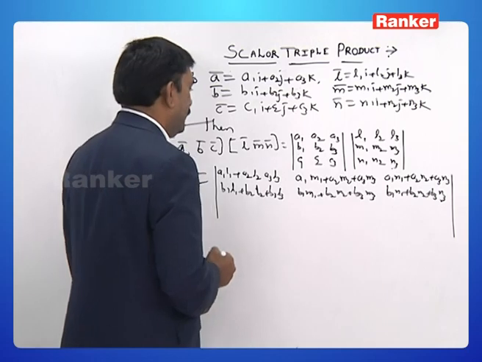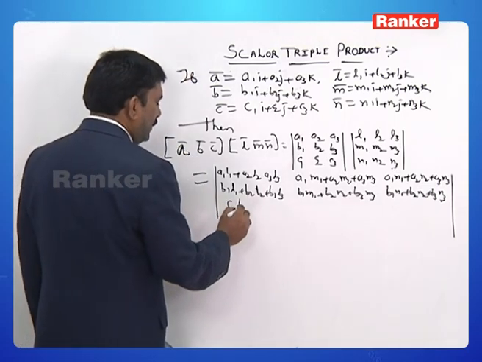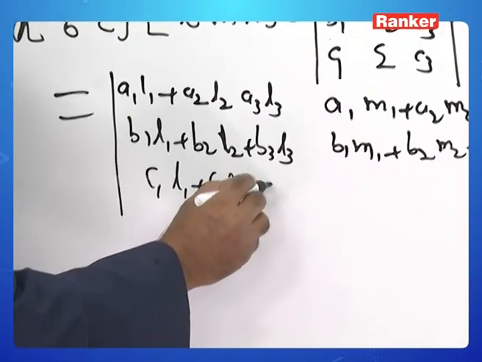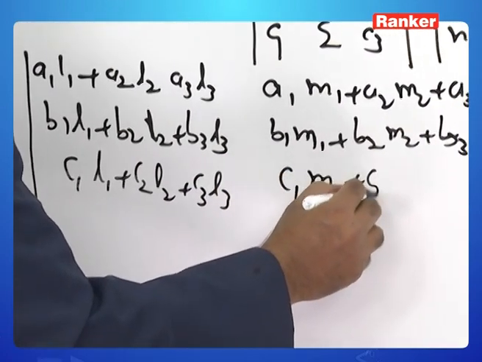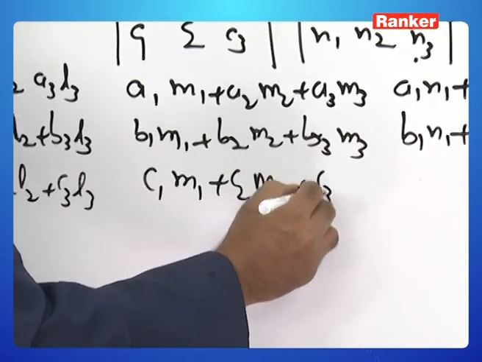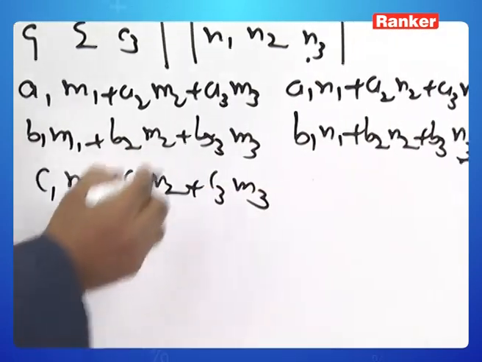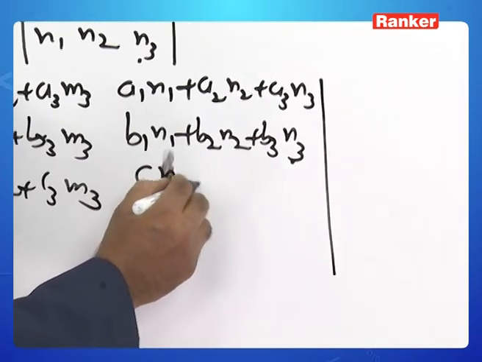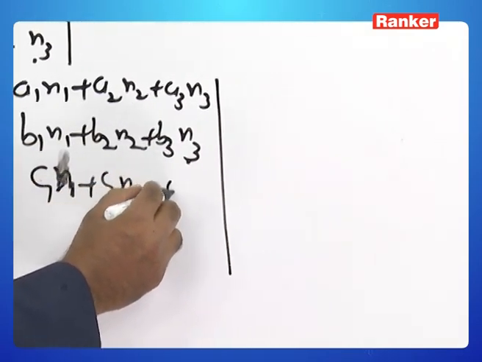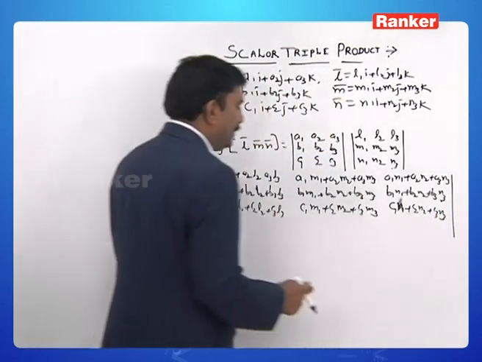Next, C1 L1, C2 L2, C3 L3, C1 M1, C2 M2, C3 M3, C1 N1, C2 N2, C3 N3, right?